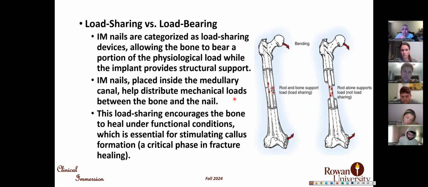For solid nails, we don't need reaming. We insert the nails directly because we use smaller diameter nails. And as I said, this is when we need to decrease the length of the surgery. The patient is critical and we have to fix the bone in the shortest time. So we do not use reaming in those conditions.